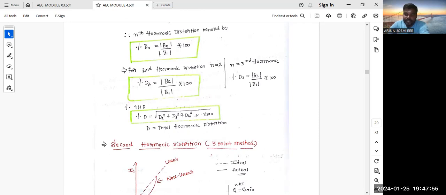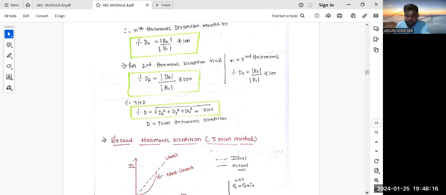Up to the nth order you can substitute into the total harmonic distortion formula. D is equal to the root of D2 squared plus D3 squared plus D4 squared plus so on, into 100. Total into 100 we need to consider. D is the total harmonic distortion.